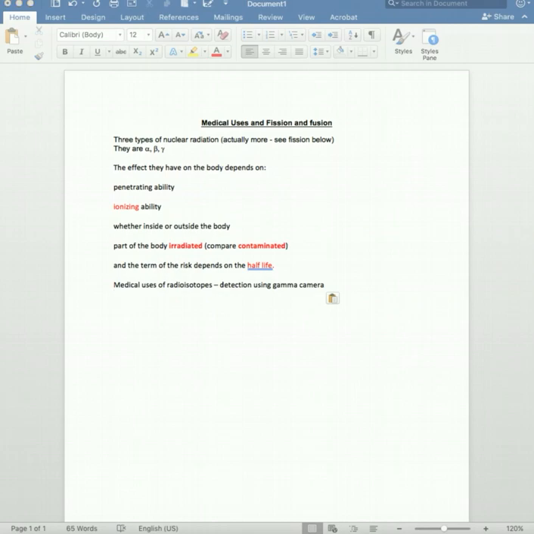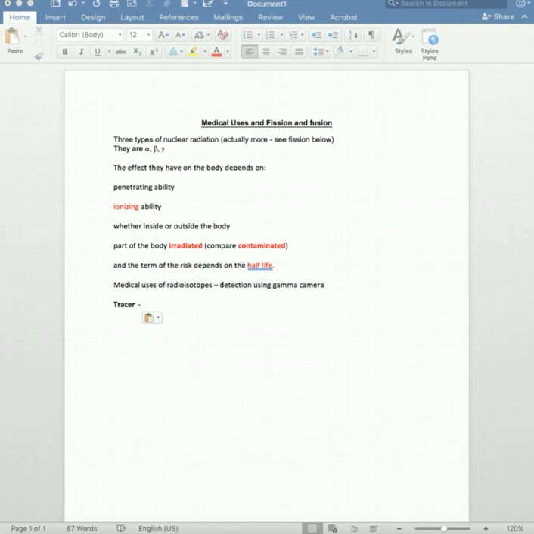So, for example, one of the things that we can use radioisotopes for in the body is as a tracer. What we're doing here is checking the uptake of certain substances by the body, things the body needs.